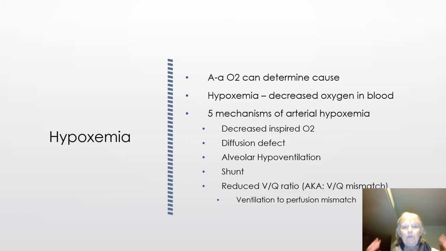Hypoxemia, basically, this is decreased oxygen in the blood. And you guys know from looking at arterial blood gases that you have basically 3 levels or sometimes 4 levels of hypoxemia. It's not really called hypoxemia if your oxygen PaO2 is greater than 100. It's hyperoxia.